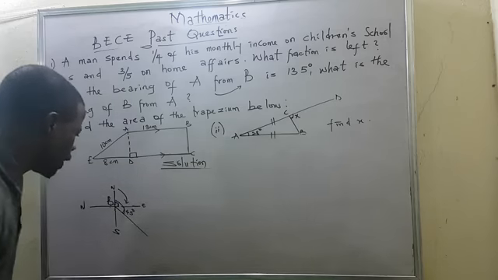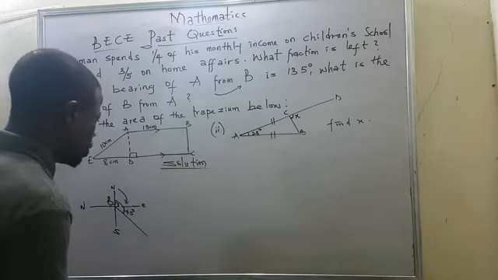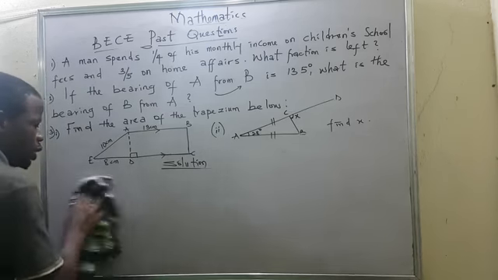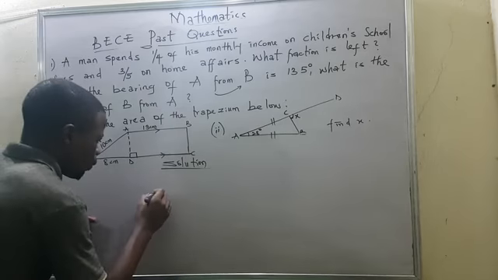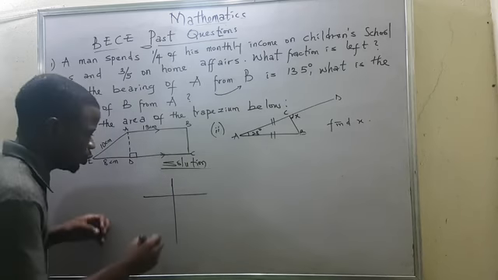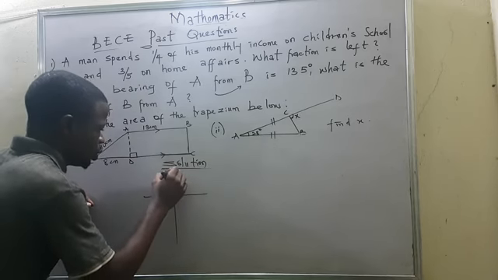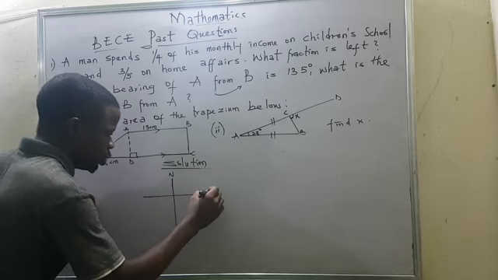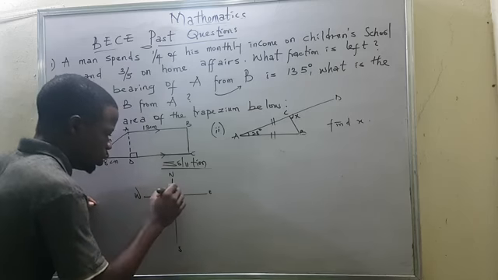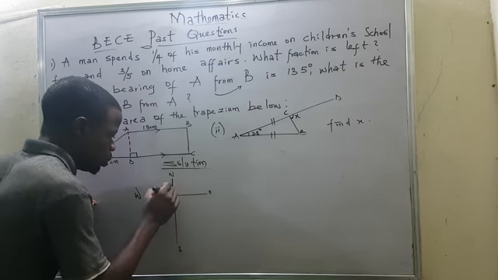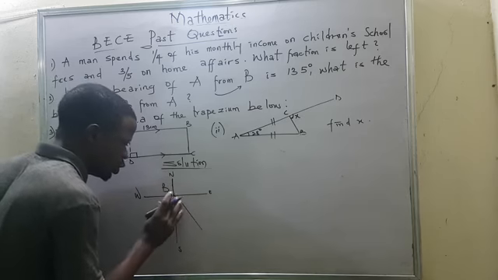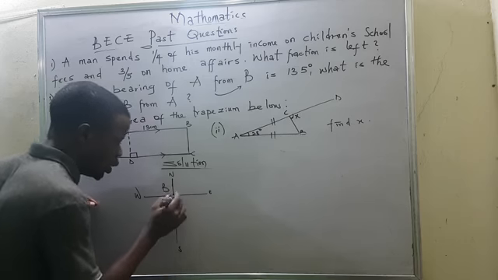So B, then it now says, okay, let me make it bigger. So this is north, east, south, west, and this is point B. Let me call this B. Oh, I want something longer.